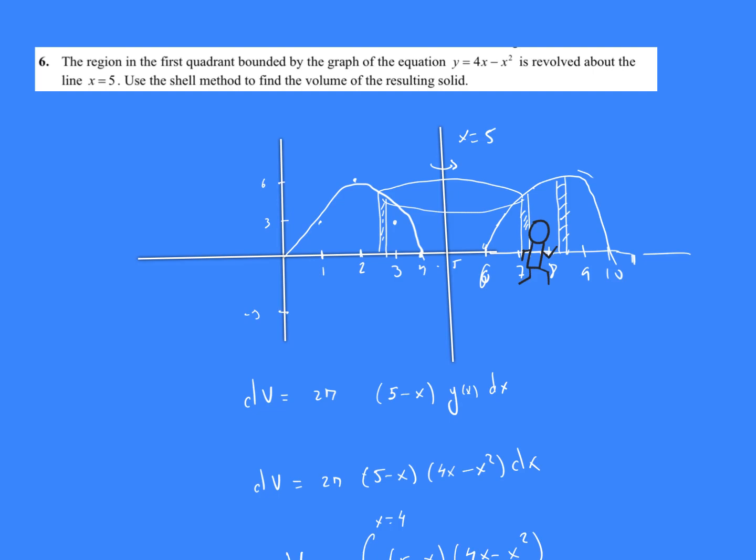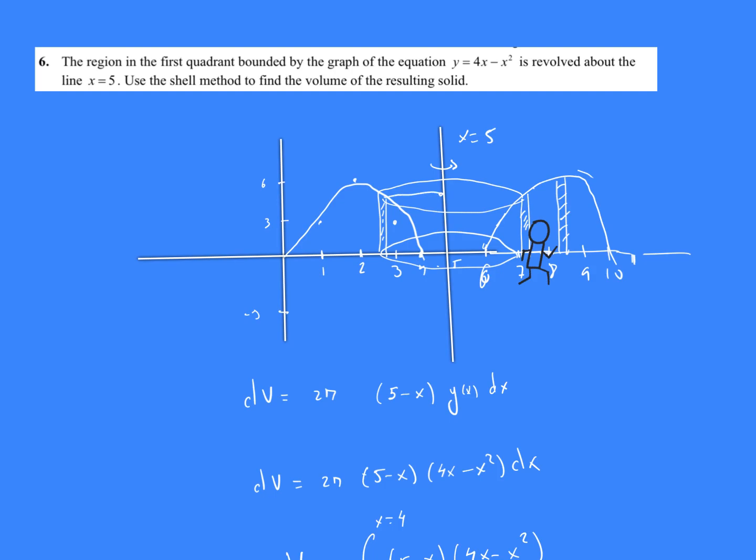So the key thing here is the setup of what is a small volume. A small volume is the volume of the shell that is here. This shell has a radius, and the radius is this one.